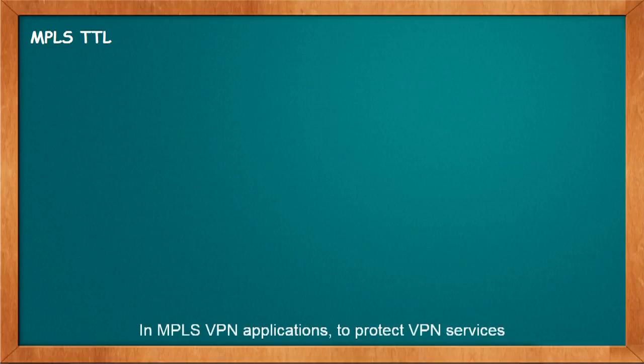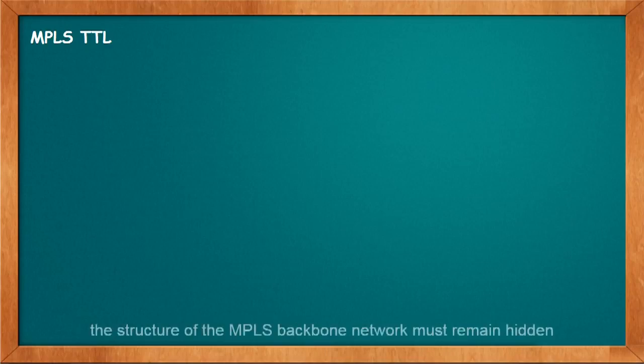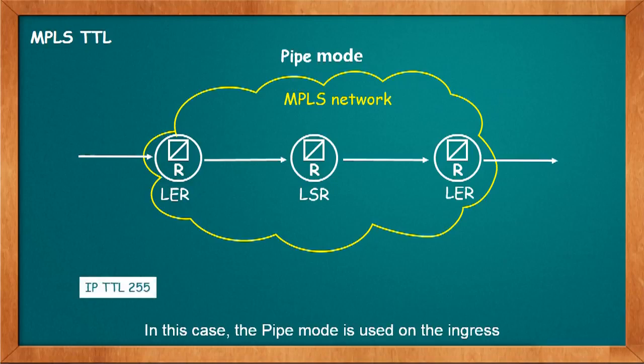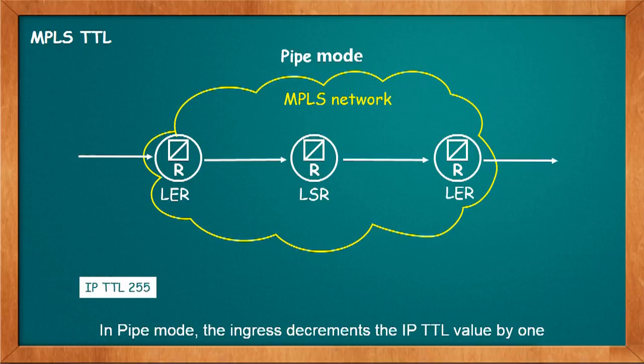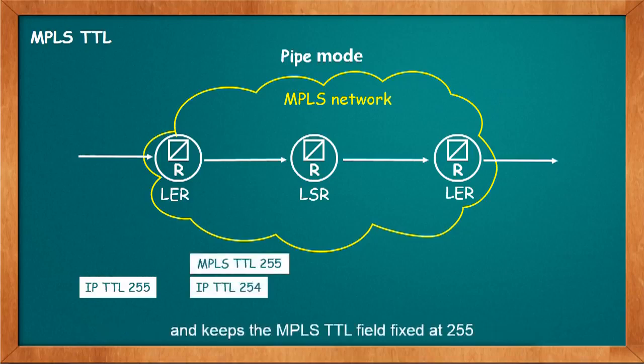In MPLS VPN applications, to protect VPN services, the structure of the MPLS backbone network must remain hidden. In this case, the pipe mode is used on the ingress. In pipe mode, the ingress decrements the IP TTL value by 1 and keeps the MPLS TTL field fixed at 255.